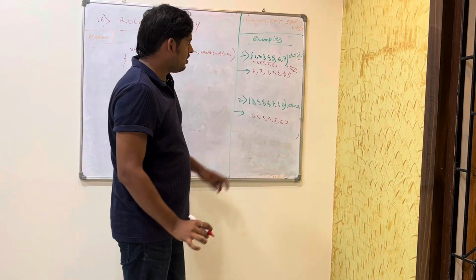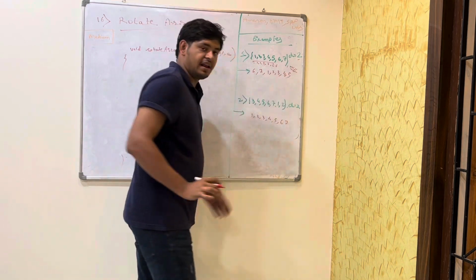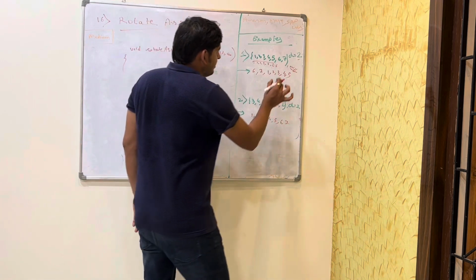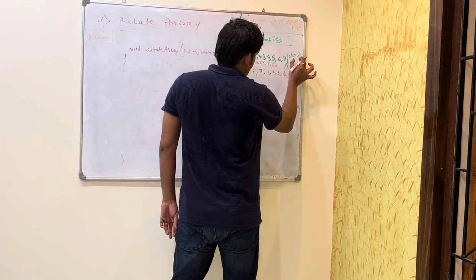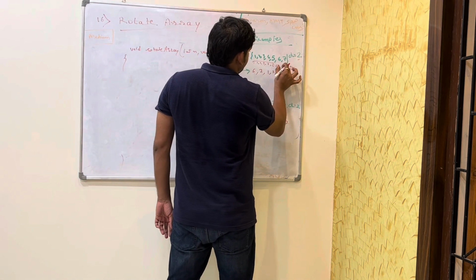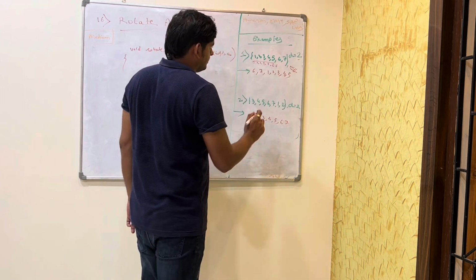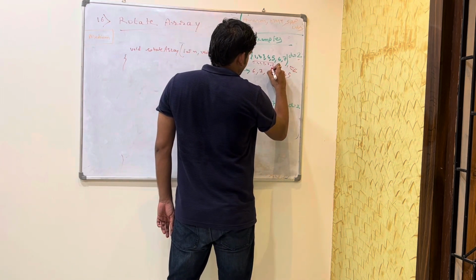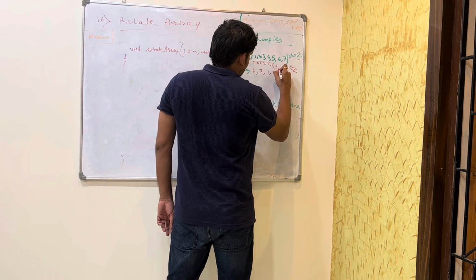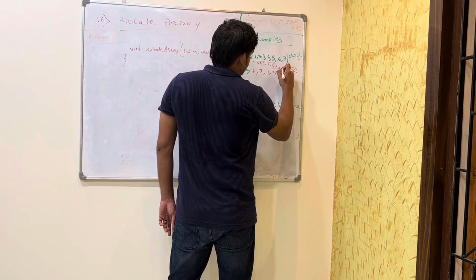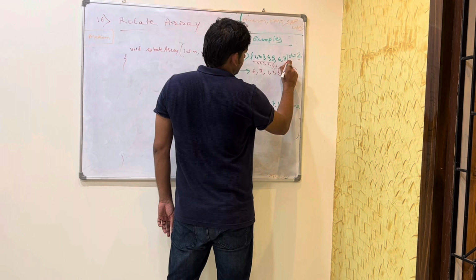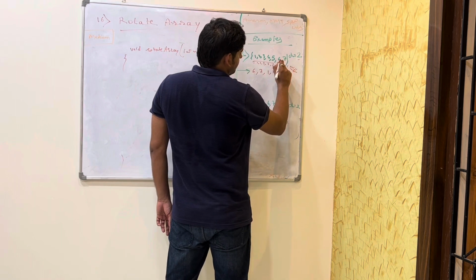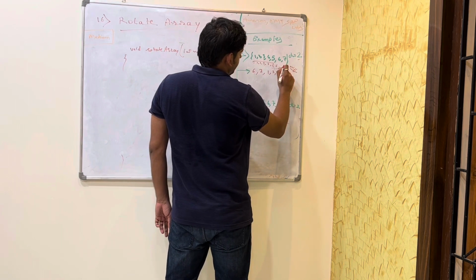If we take another temporary array and store the last two, or whatever the d is, there. The last element is n minus 1, then n minus 2, and this is n minus d.